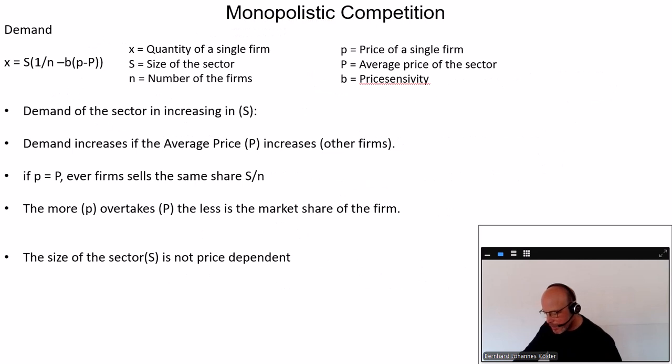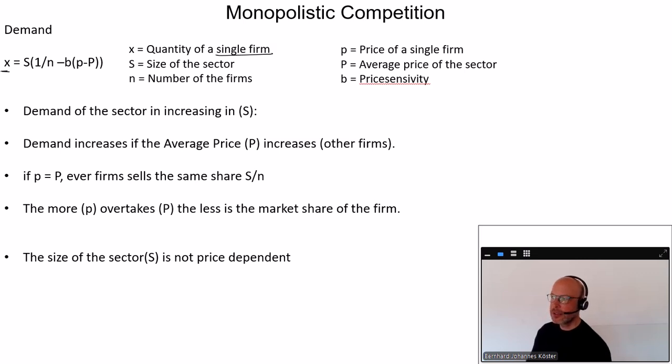And now we are coming to our formulas. How are we now modeling this situation? Well, we say we have the demand for this product variant of our single firm.